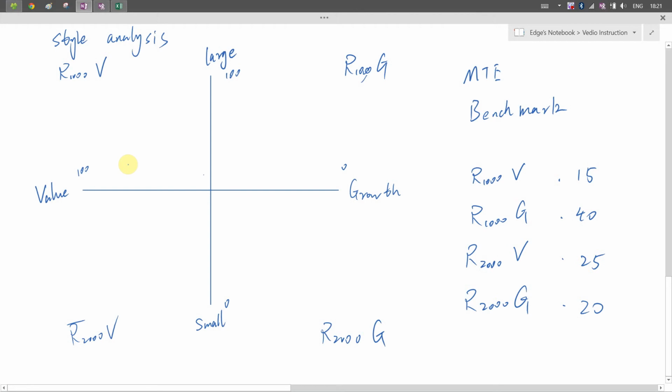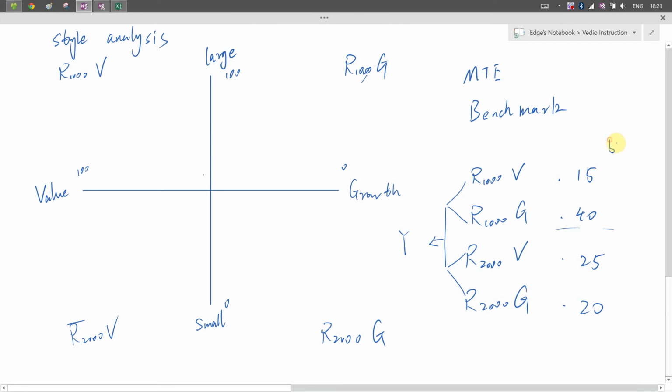So how do we draw it? Assume the weight of R1000 value is this one, and R2000 value is this one. For the y-axis, you add up the R1000 value and growth. This means how close you are to the upper half.